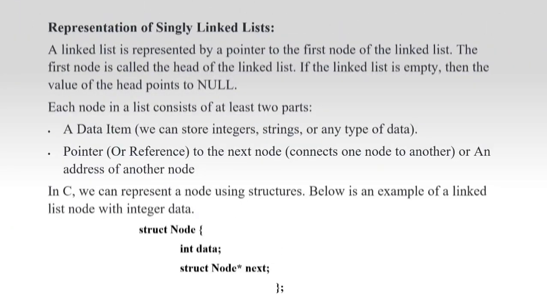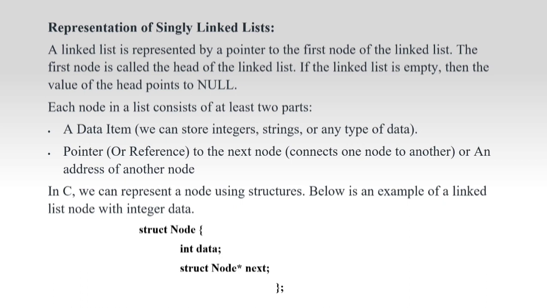Representation of singly linked list. Singly linked lists are represented in the method that I previously discussed. It has nodes which contain at least two parts. The first part is a data item. The data item cannot be just a single one. Sometimes there will be two data items or multiple data items.